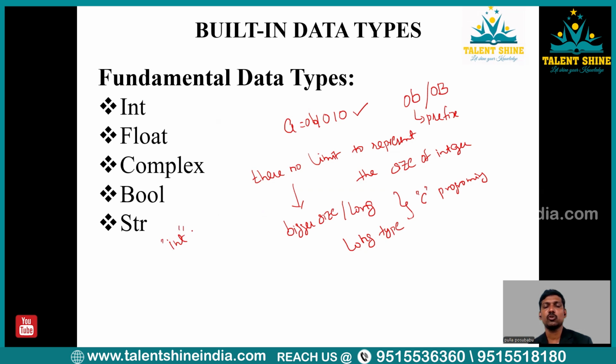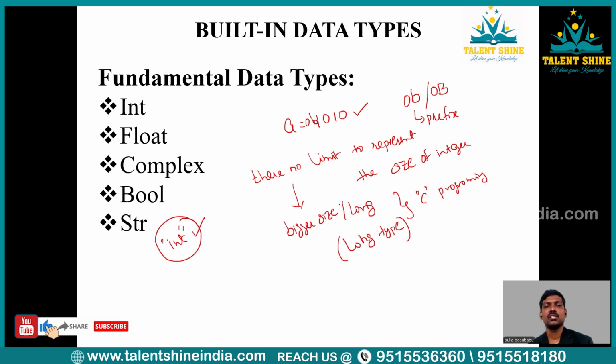Int is going to be used to represent any integer, whether it is a long int or a small integer. Whereas in the C programming language, in order to represent bigger size integers or long integers, we use the long type. I hope everybody has clearly understood.